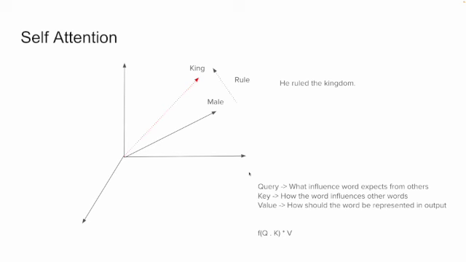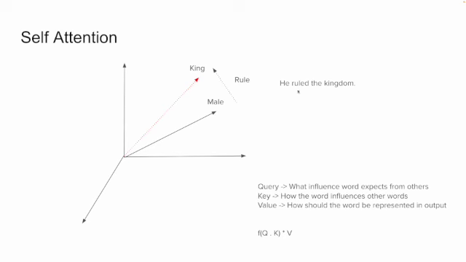So let's take an example. Let's say there is a sentence, he ruled the kingdom, and we're talking about the word he. The word he by itself is a pronoun, and it basically refers to a male. So the vector here, which refers to the male, is what its initial embedding might point to.